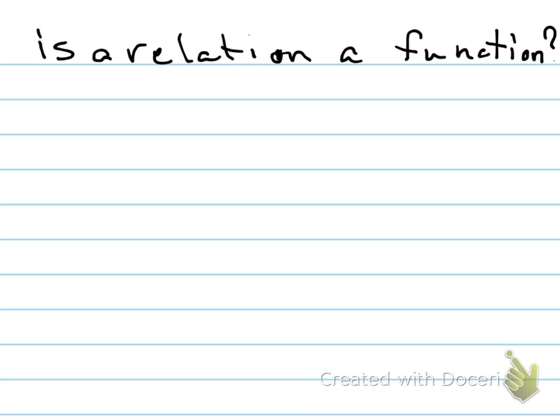So, is a relation a function? Not every relation is a function, but it's easy to tell if one is a function by looking at the domain. Okay? So we tell if a relation is a function by looking at the domain. And remember that the domain simply means the x values.